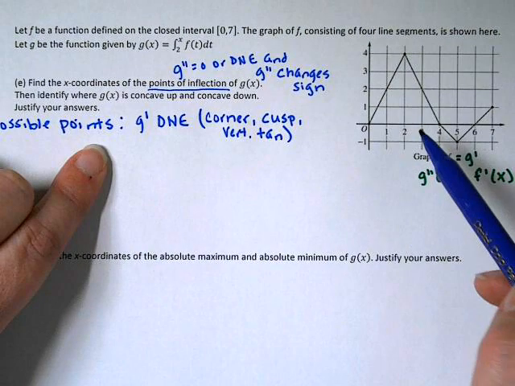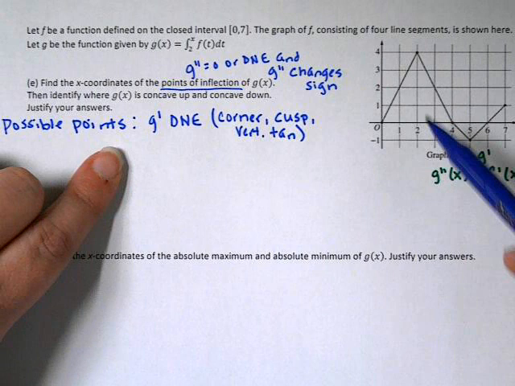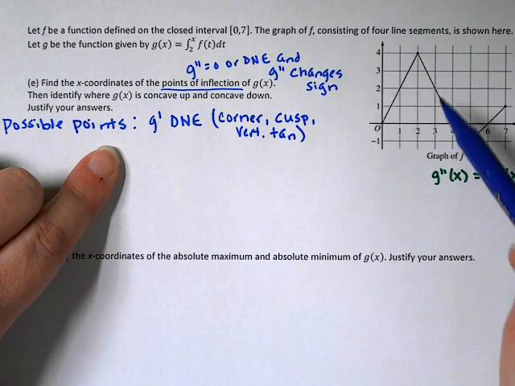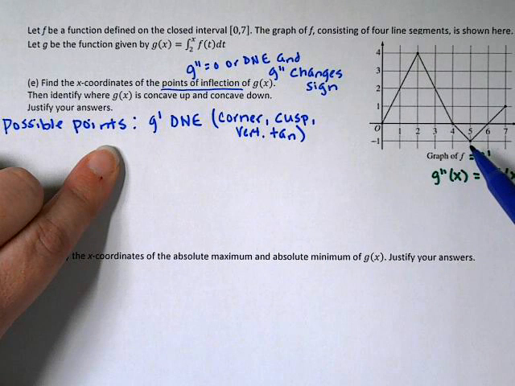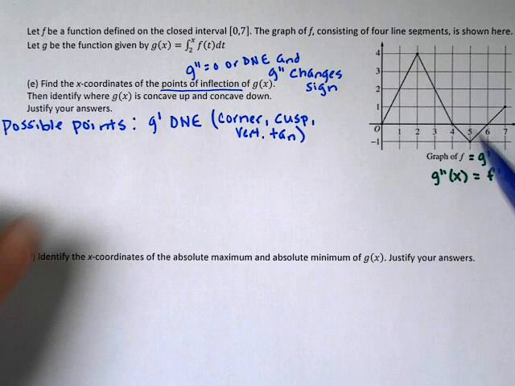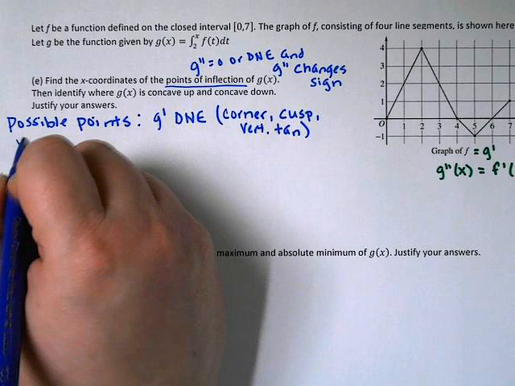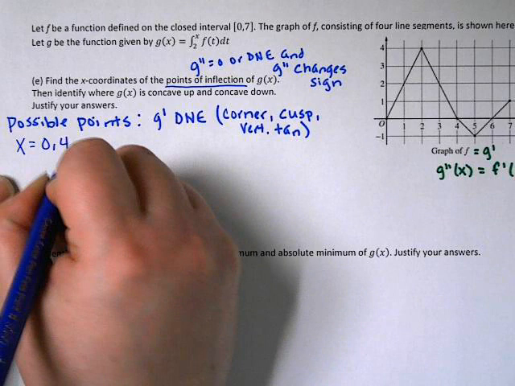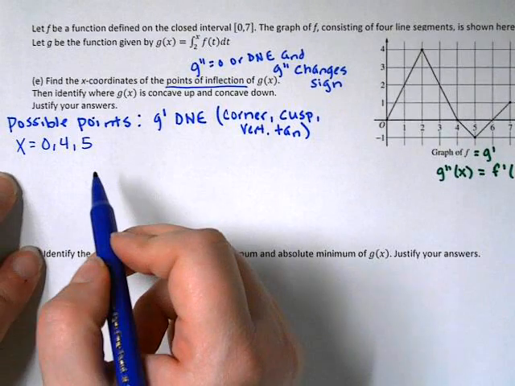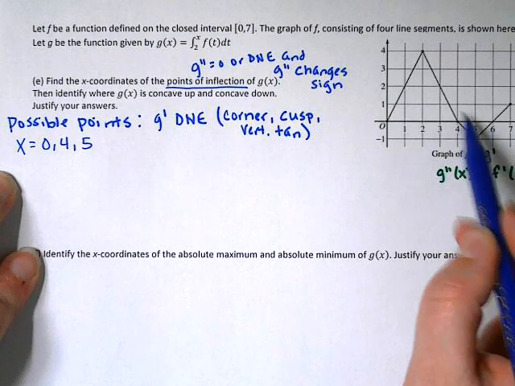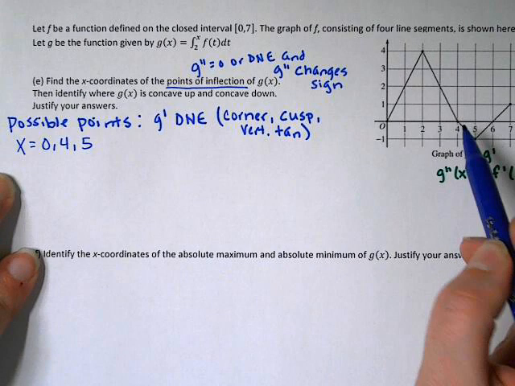So we have possible points of inflection at 2 and 5 for sure, but it's important to note that we also have one at 4, because at 4 those are two separate lines, so there's kind of this corner cusp thing going on there.